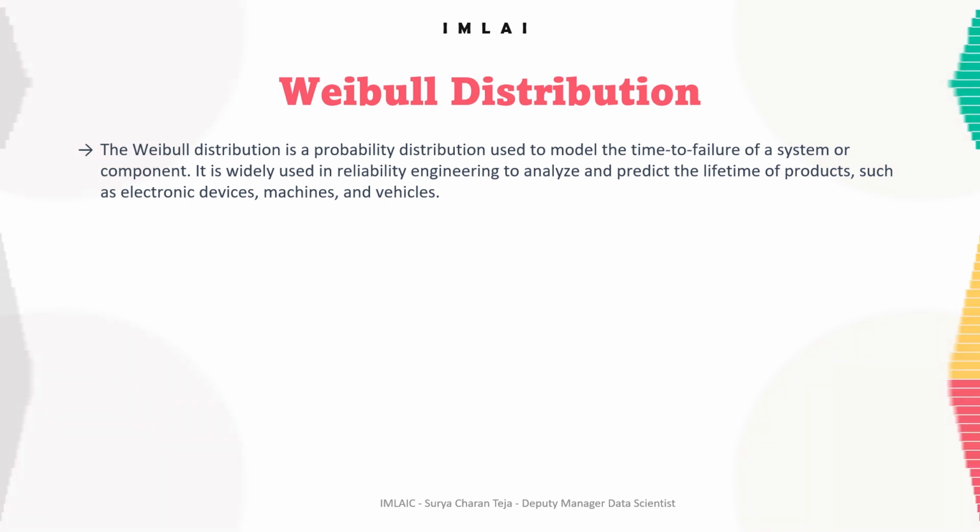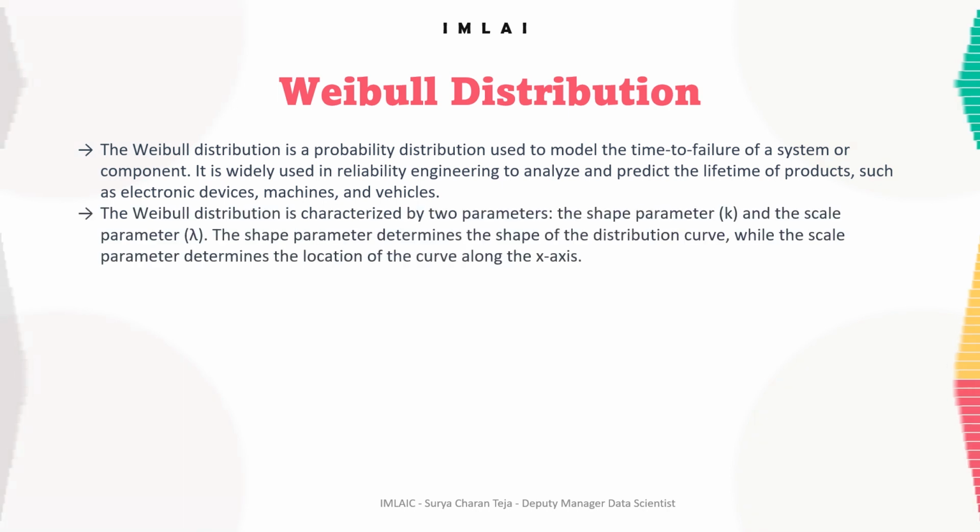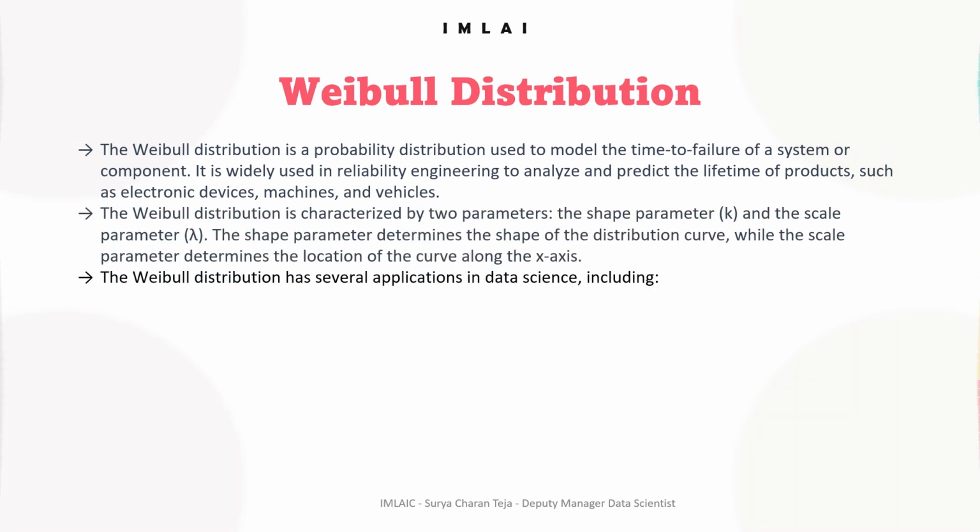The Weibull distribution is characterized by two parameters: the shape parameter k and the scale parameter lambda. The shape parameter determines the shape of the distribution curve, while the scale parameter determines the location of the curve along the x-axis.